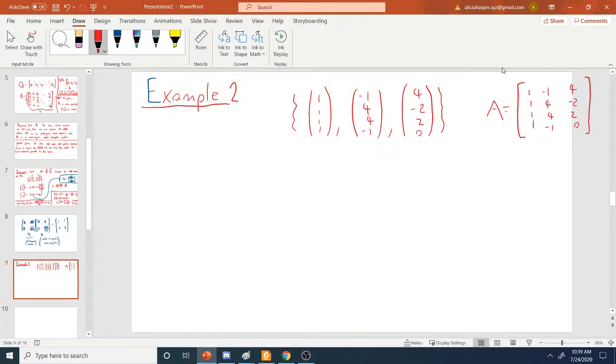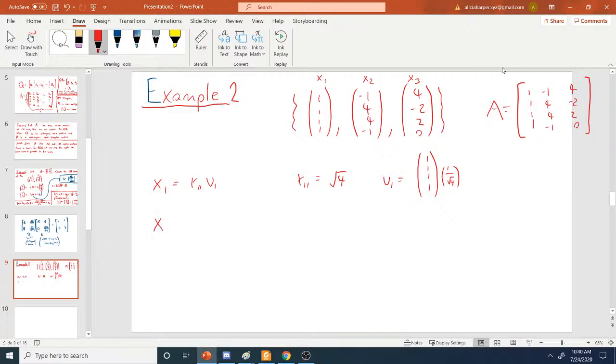I found that if this is x1, this is x2, and this is x3, x1 was equal to R11 times U1, where R11 was equal to the square root of 4, and U1 was equal to the vector 1, 1, 1, all multiplied by 1 over the square root of 4.